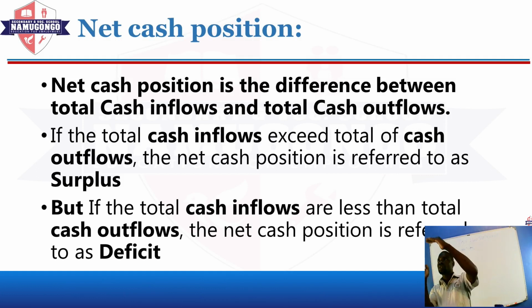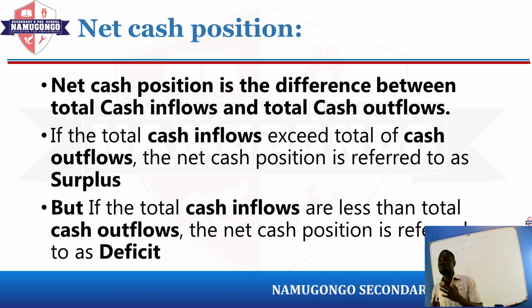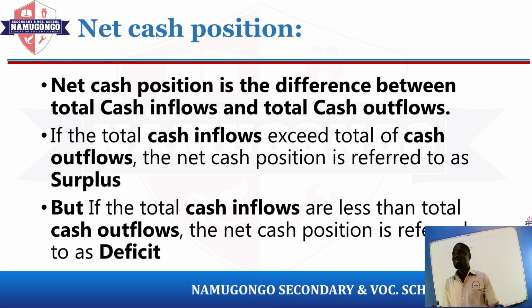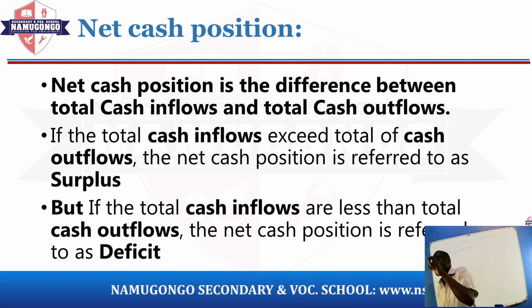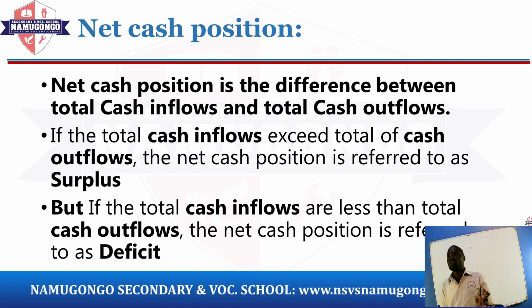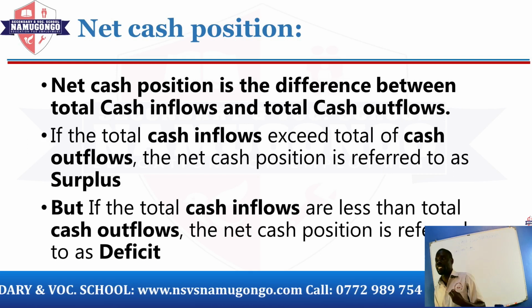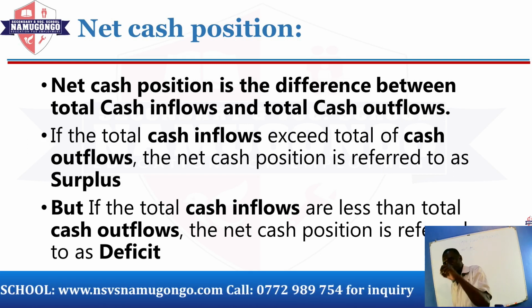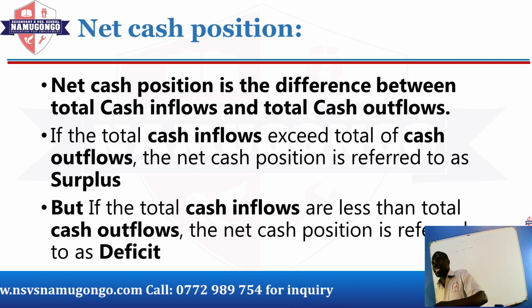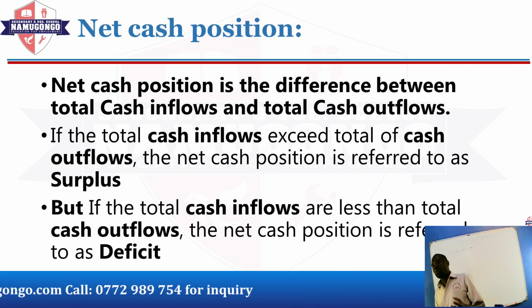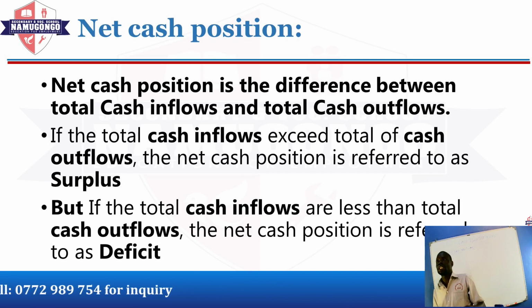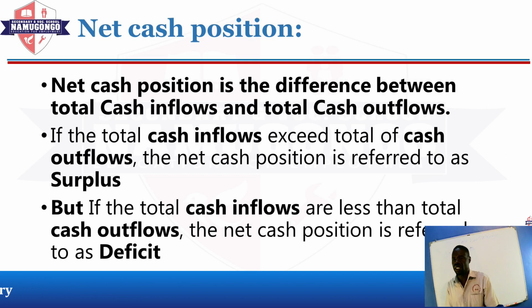So when we put the total of all cash inflows, how was money flowing into the business? Money was flowing into the business through cash sales, through loans, through cash receipts from debtors, through debentures and mortgages, and through grants and donations.